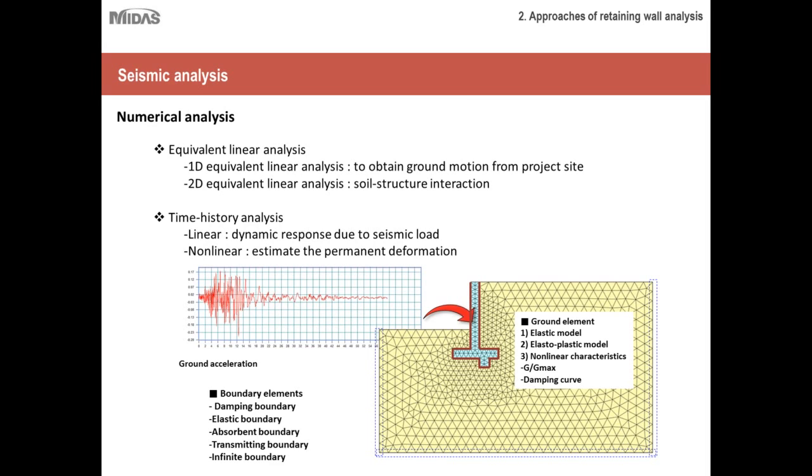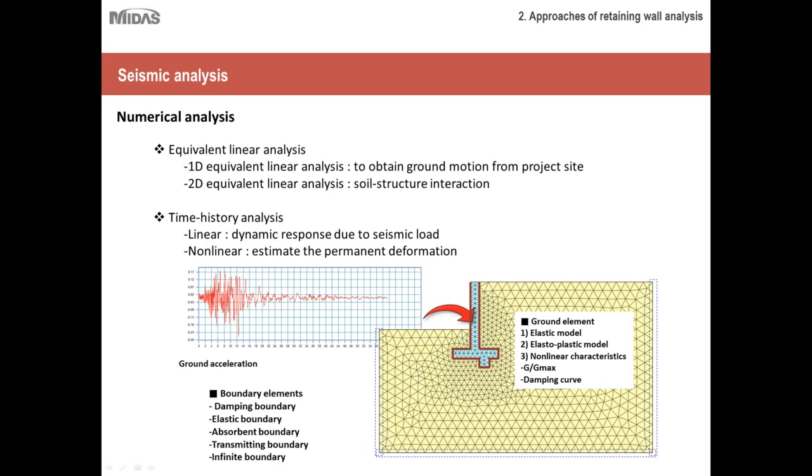So what we basically do is that we have this ground motion or time history graph, and you make this numerical model where you have the structural component, you have the soil component, and then you apply this ground motion to the structure to obtain how the structure would actually respond to this kind of earthquake shaking.